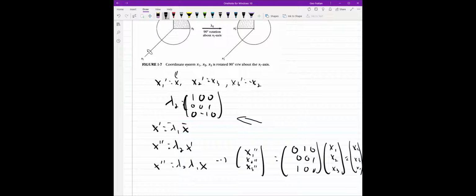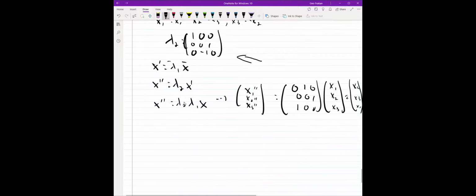In other words, it's really nice because we can just multiply it all together. And we're done. That's kind of a nice property. In other words, lambda 3 is equal to lambda 2 lambda 1, where lambda 3 is this right here.